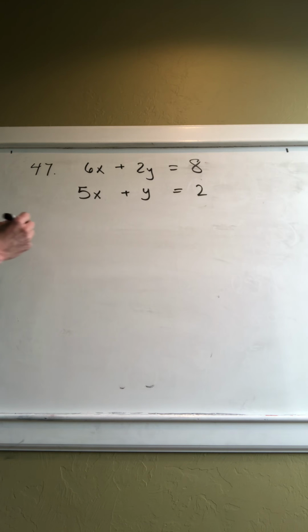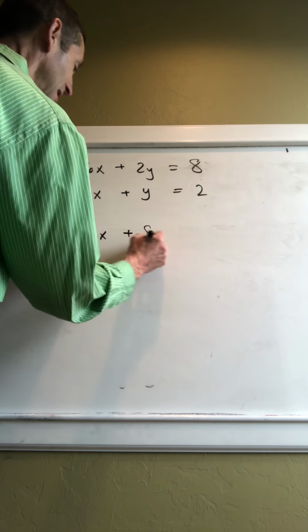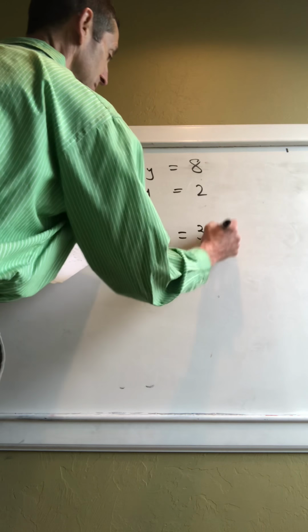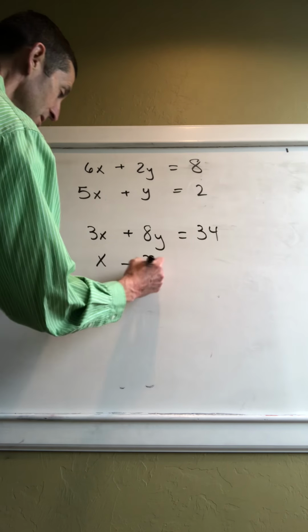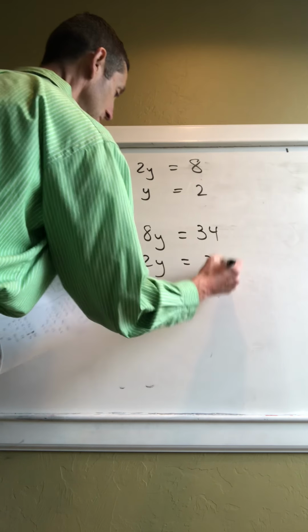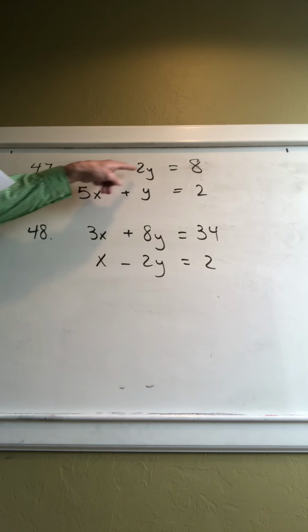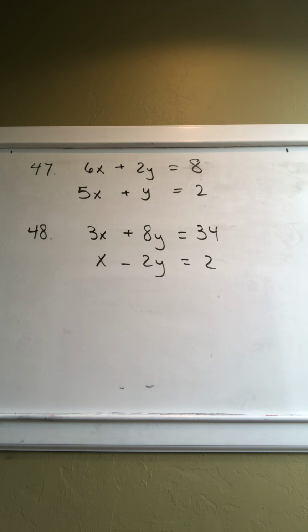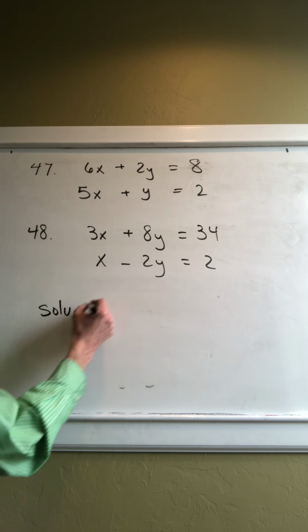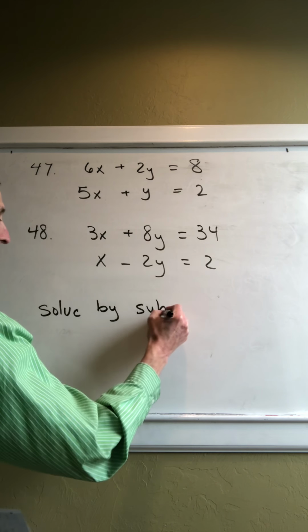And the last one, 48, is 3x plus 8y equals 34, x minus 2y equals 2. Let's make sure they're correct. 6x plus 2y equals 8. 5x plus y equals 2. 3x plus 8y equals 34. It's 2. Awesome.